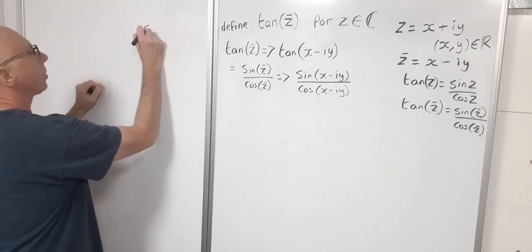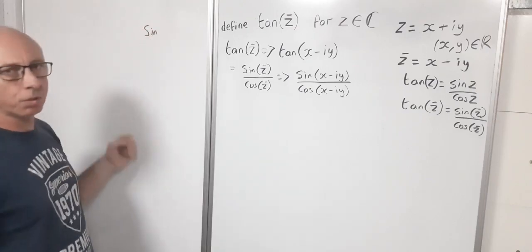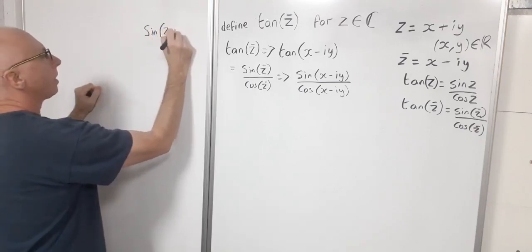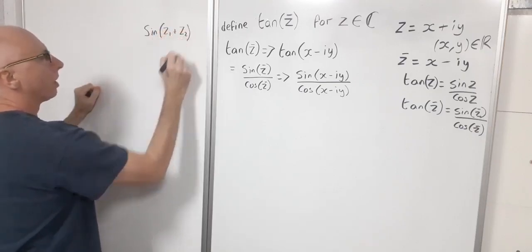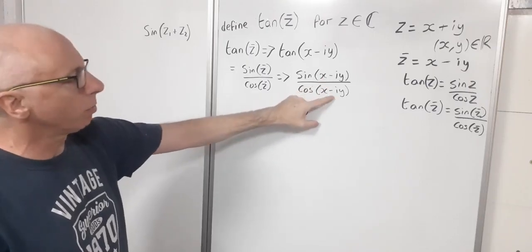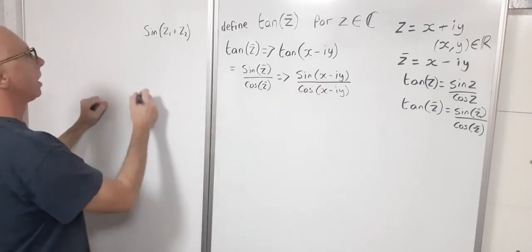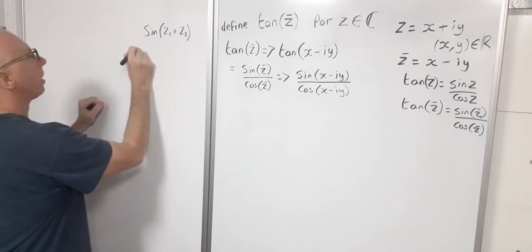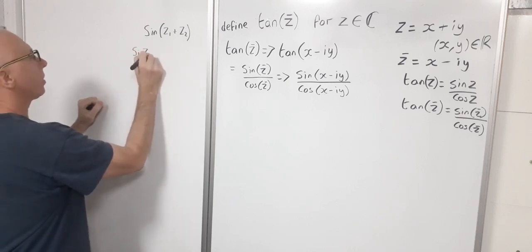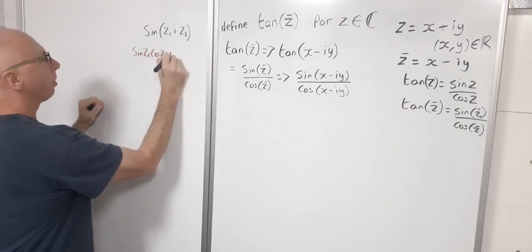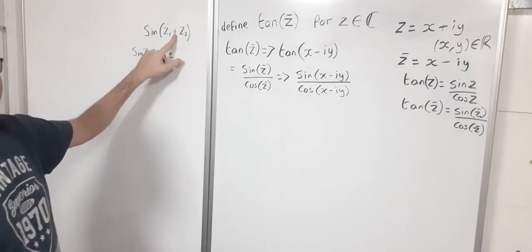So the sum rule for sine and cosine. Let's say I've got two complex numbers, z1 and z2. In this case, my z1 would be x and my z2 would be minus iy. So this is then defined as sine of z1 cosine of z2 plus or minus, depending on what the sign is, cosine of z1 sine of z2.